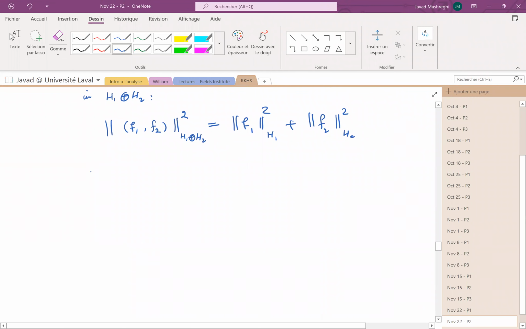And now consider this null space. I mean, we will see why it's called null space. The set of all ordered pairs of the form f, minus f, when f is in the intersection of H1 and H2.